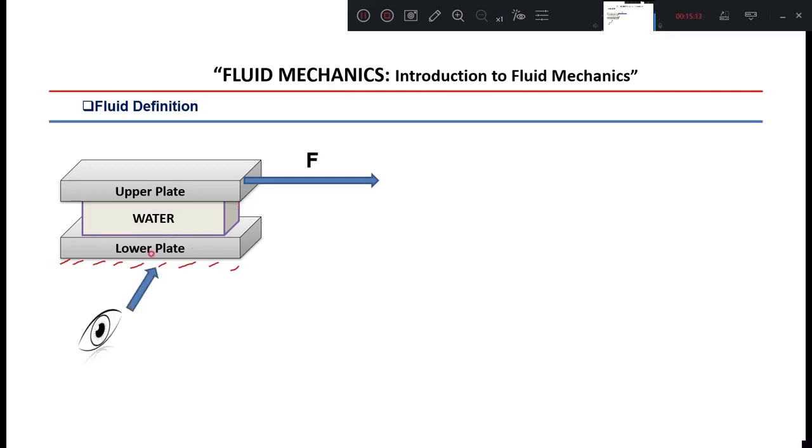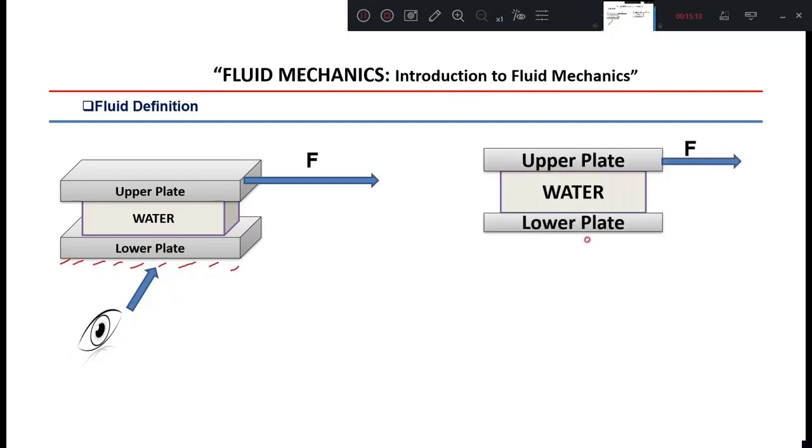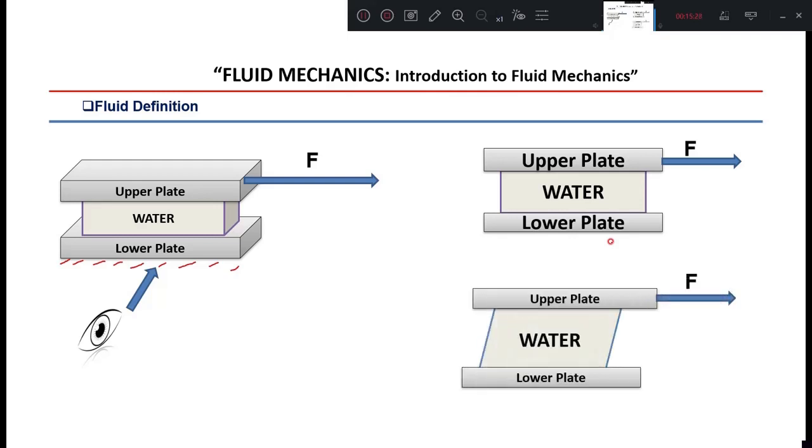When we look from the front side, it looks like this. The force F is applied on the upper plate. Hence, the upper plate will start moving, and unlike a solid body, it will not come to rest even after a certain amount of displacement.